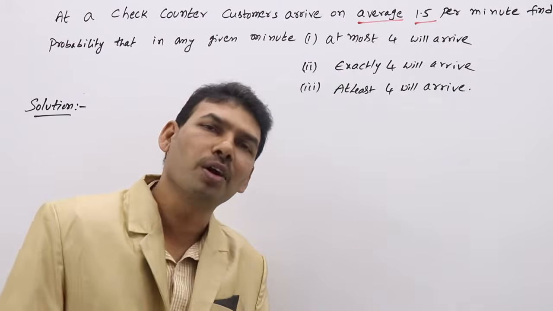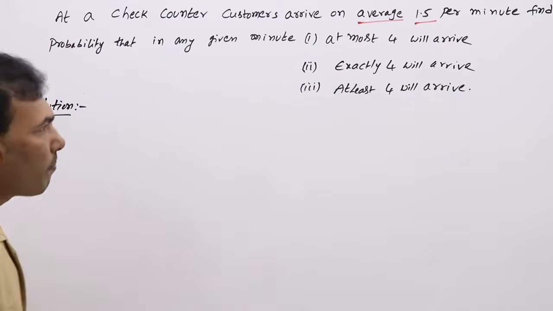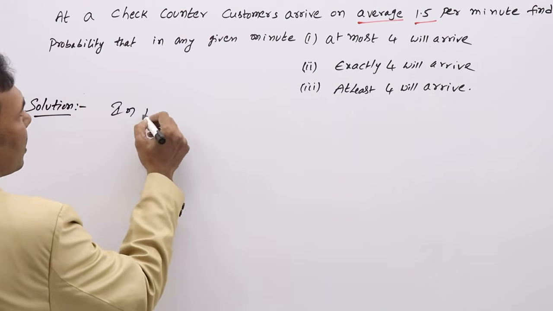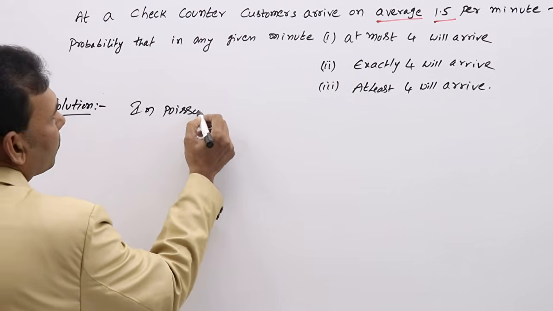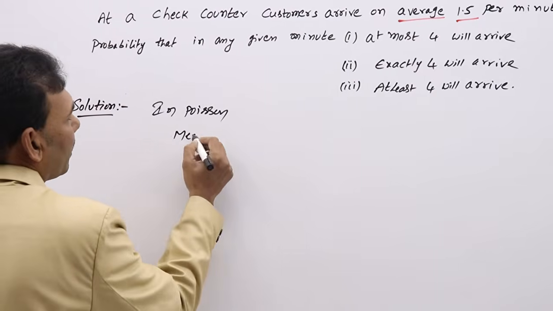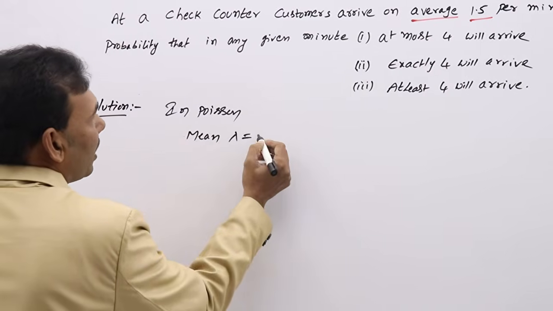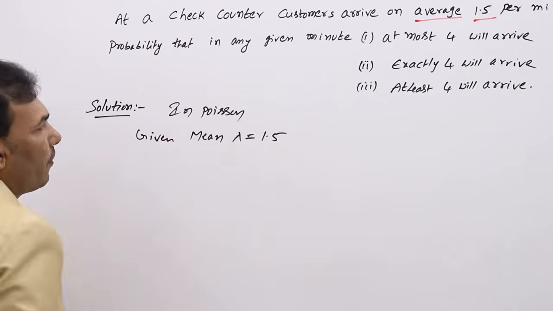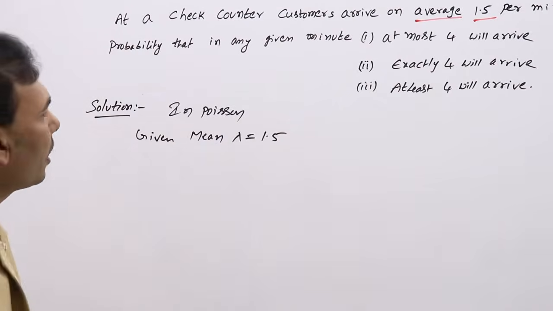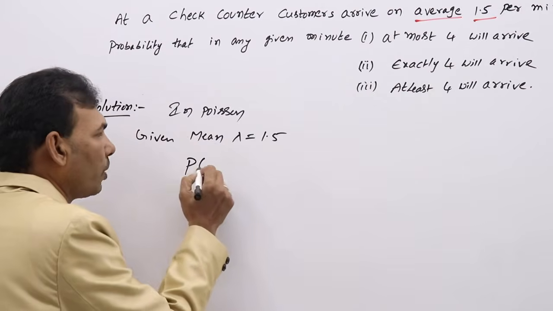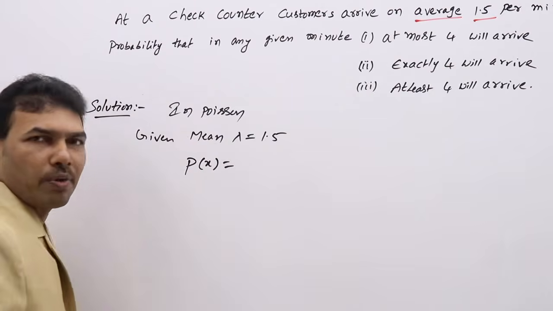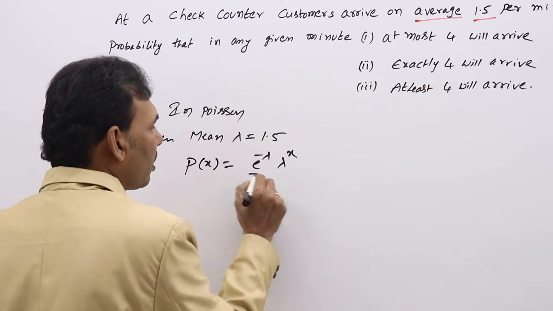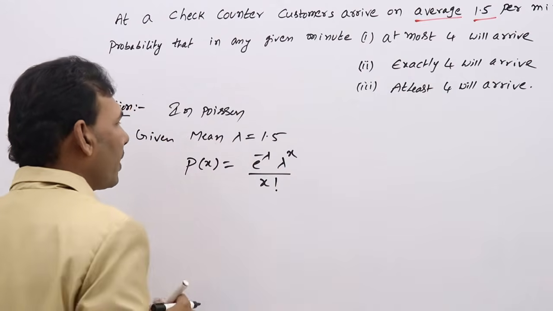So for this problem, we are going to use Poisson distribution because we have only one parameter. In Poisson, the mean we represent with lambda, that is given 1.5. And also in Poisson, the formula to find probabilities is probability of x equals e power minus lambda into lambda power x by x factorial.